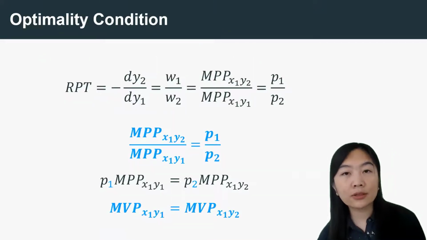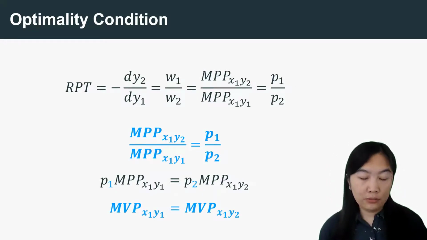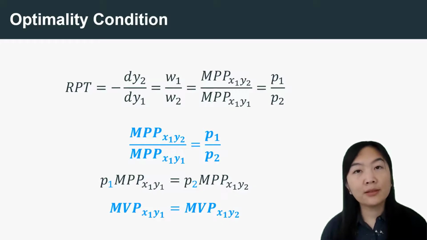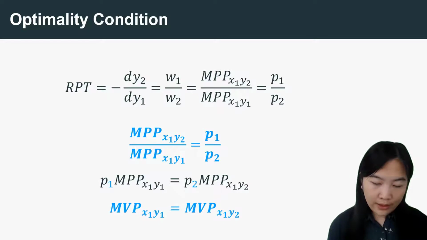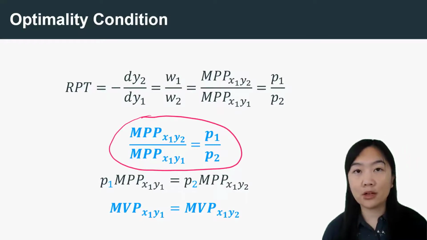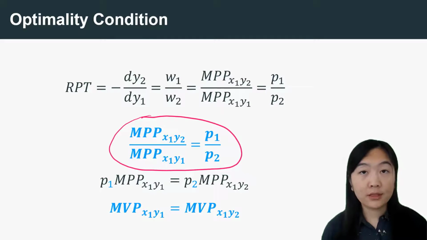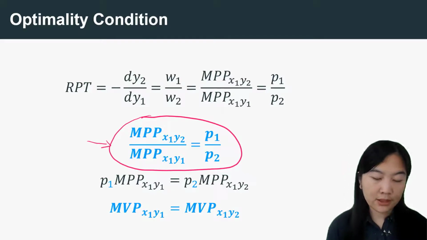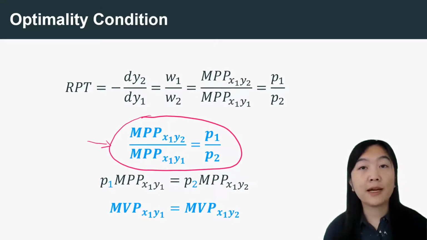So let's put this condition in a slightly different way so that it has a different economic interpretation. We have mentioned that this is the optimality condition when you have two outputs and your input level is given. For each given input level, you use this condition to find the point where the revenue will be maximized.